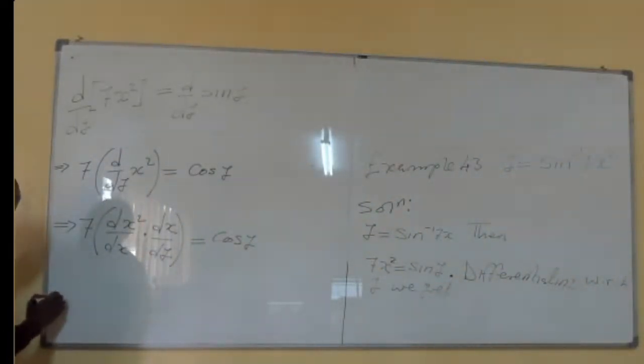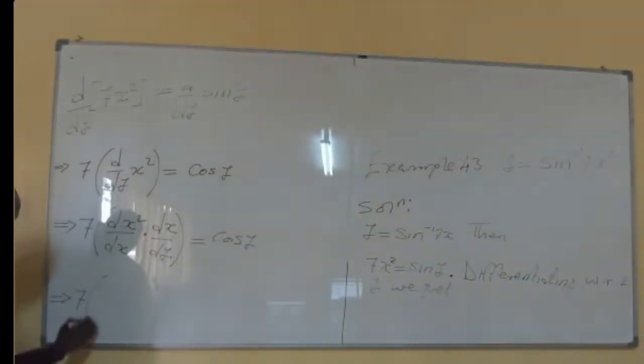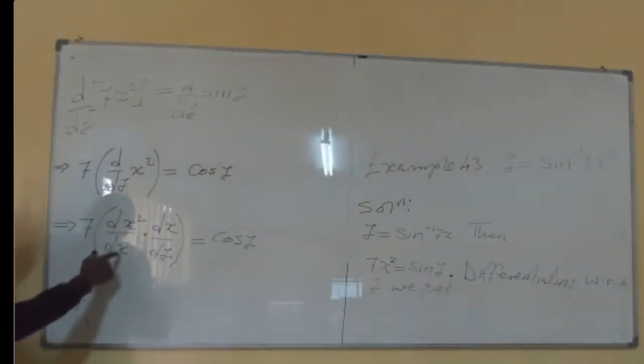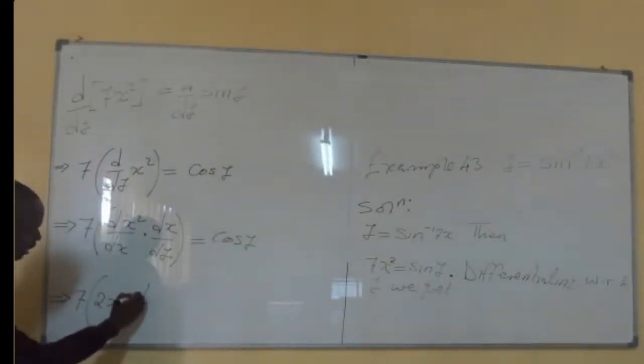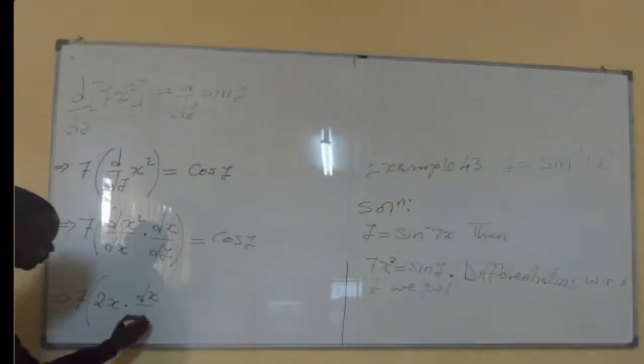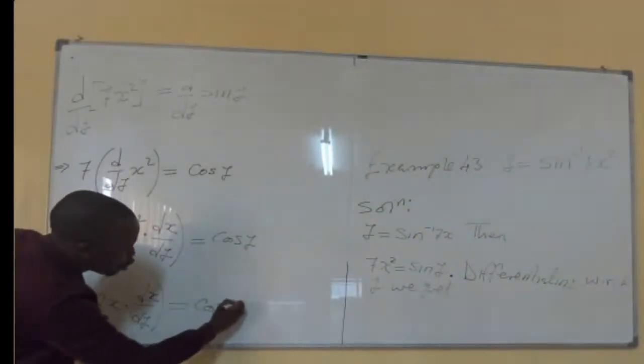So it will give us 7 times 2x, times the derivative of x with respect to y, is equal to the cosine of y.